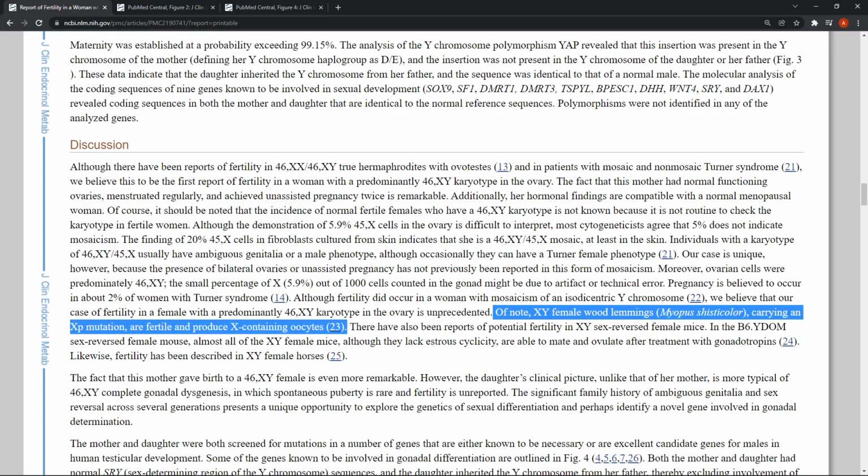So what the authors are playing at here is that maybe there is an X mutation in the mother that allows her to have this XY karyotype and produces a typically XX phenotype.